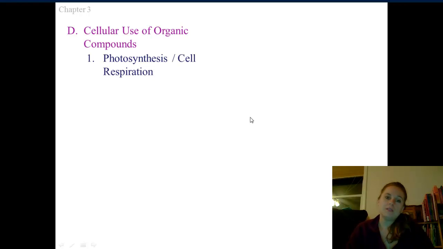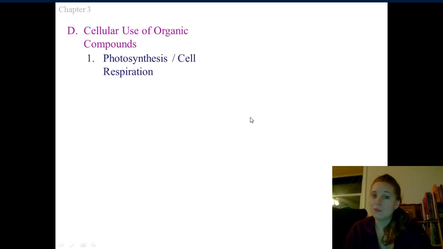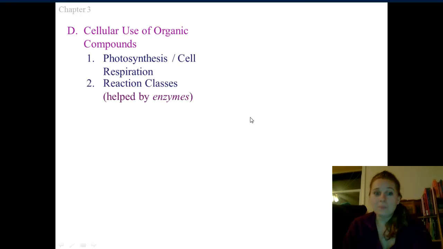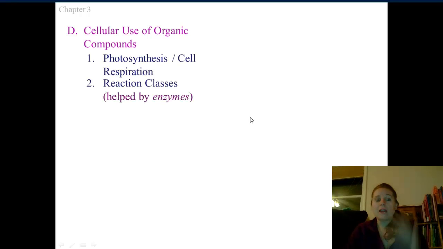So one of the biggies is photosynthesis and cell respiration. We need these to build for energy, and we're going to spend whole units on photosynthesis and cell respiration. So stay tuned for that. The reaction classes, using them to actually perform chemical reactions.